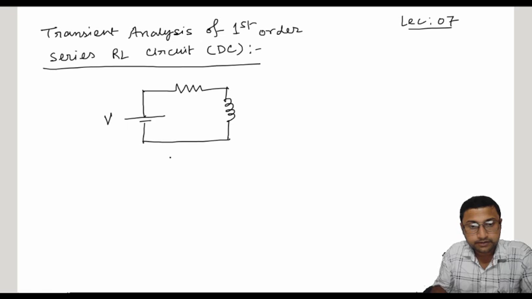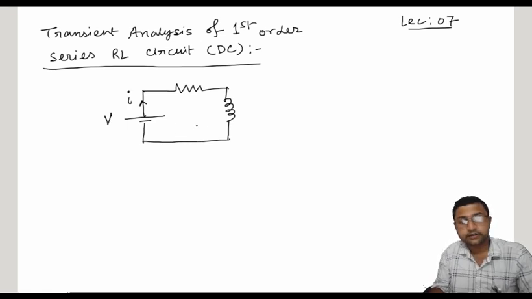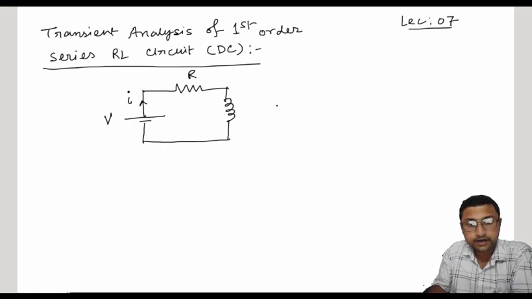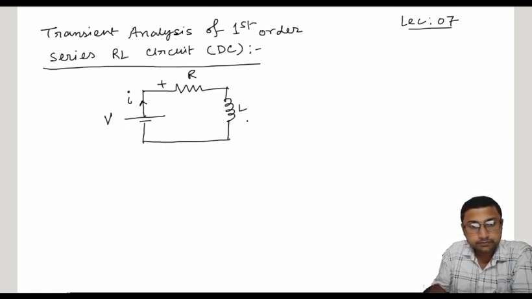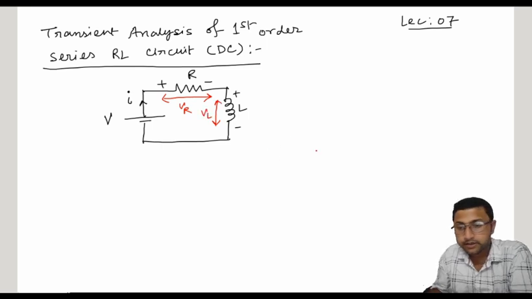From the supply voltage, a current I is flowing, and this is R and this is L. This is plus, this is minus, and again this is plus, this is minus. Across the resistance there will be a voltage drop called VR, and across the inductance there will also be a voltage drop called VL.